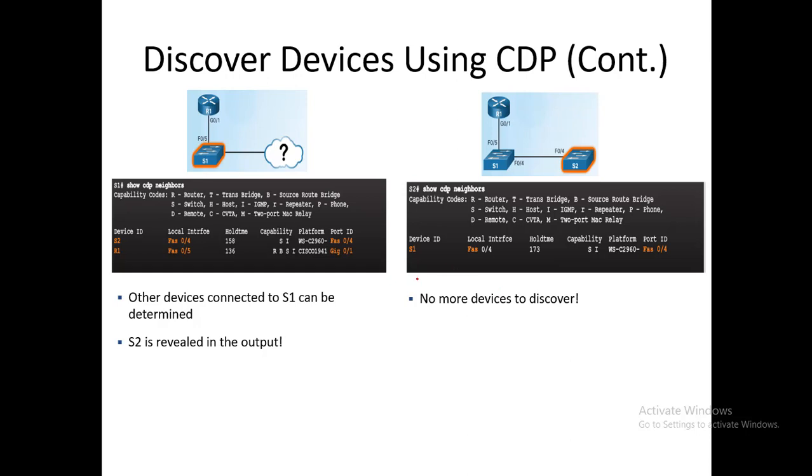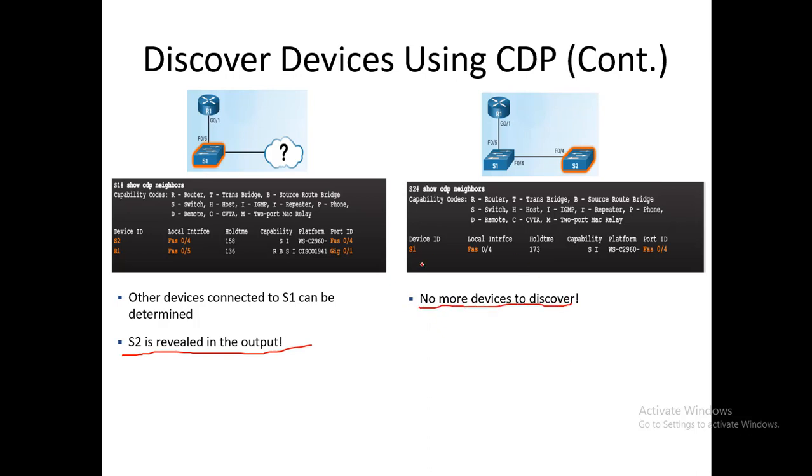Let's talk about the discovering of the devices more. Let's say this is your switch S1, and other devices can be connected to this S1, or you can also find those devices as well. So if you use this command, S2 will be revealed as an output. And if there are no devices to discover, this will display no devices.